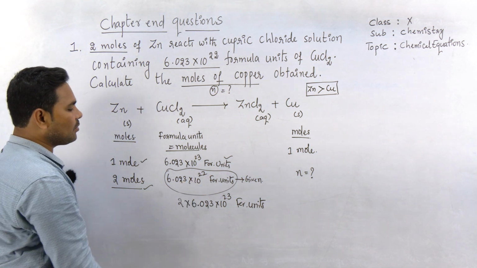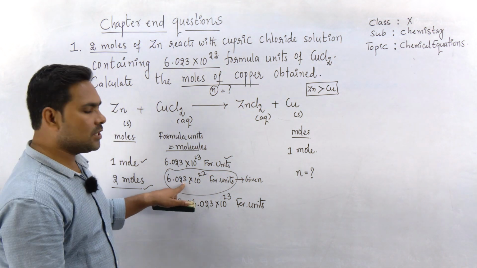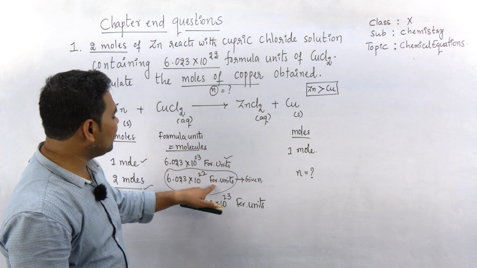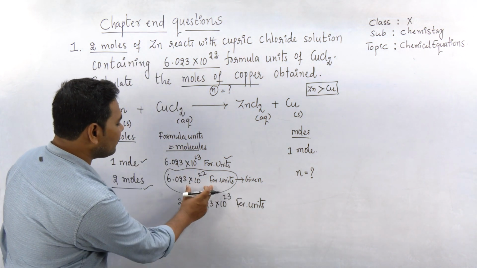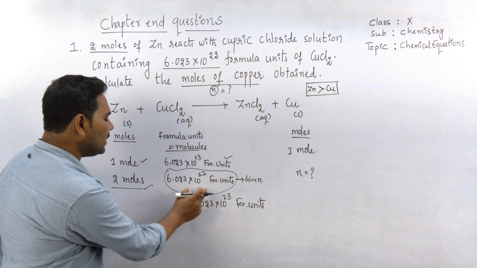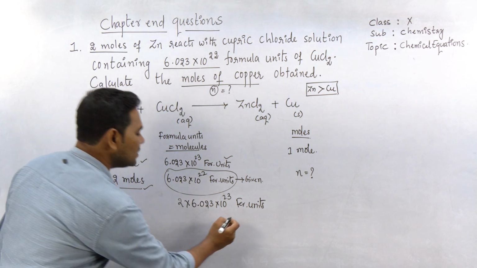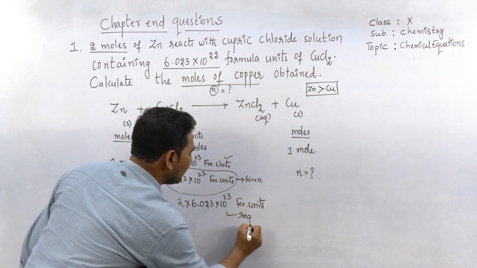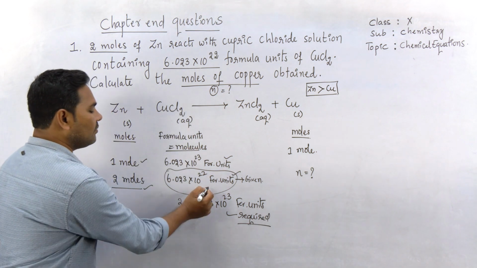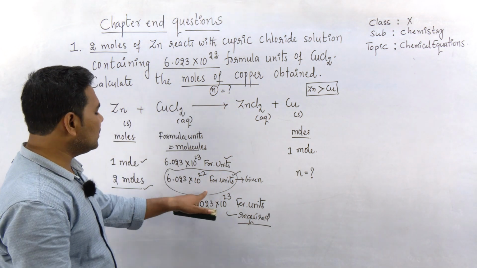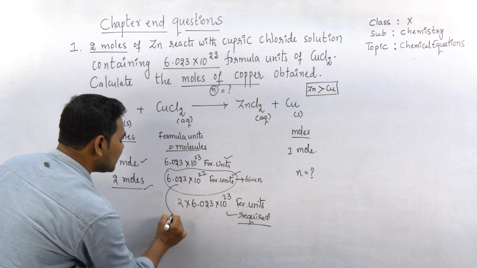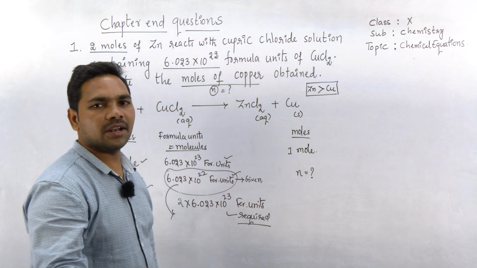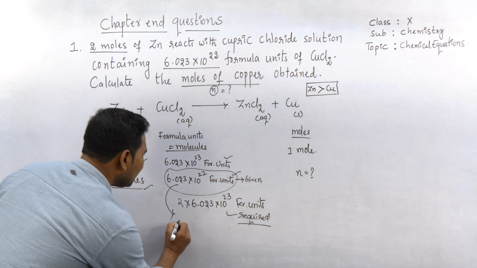But in the question we are provided only 6.023 × 10^23 formula units of cupric chloride. So the amount of cupric chloride given is less than required. Any substance which is given less than the required quantity is called a limiting reagent.